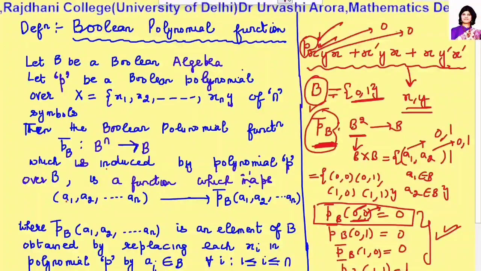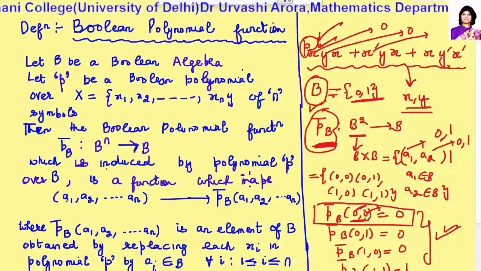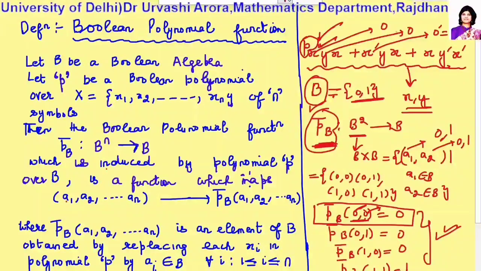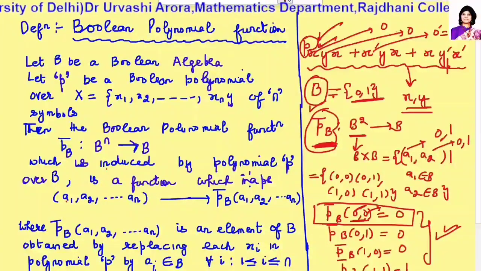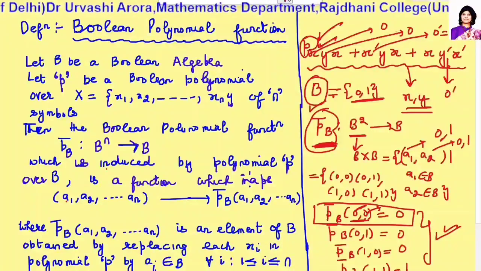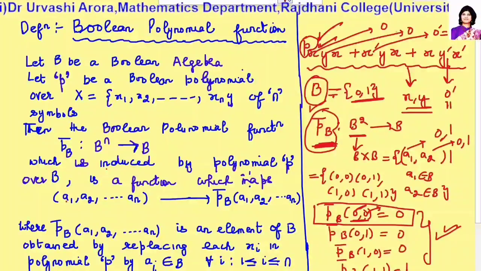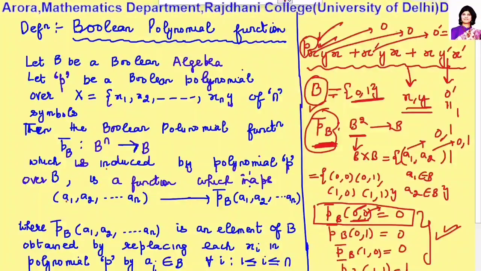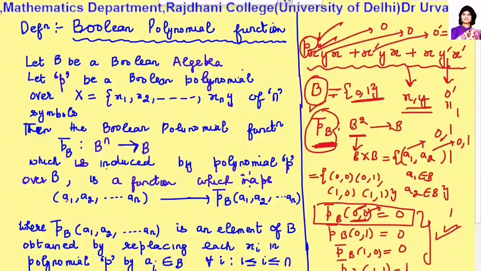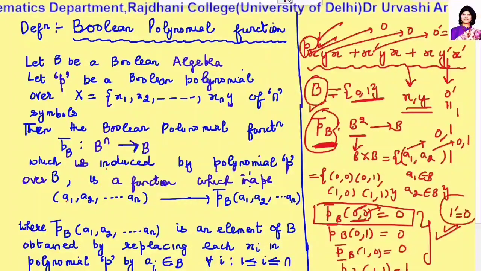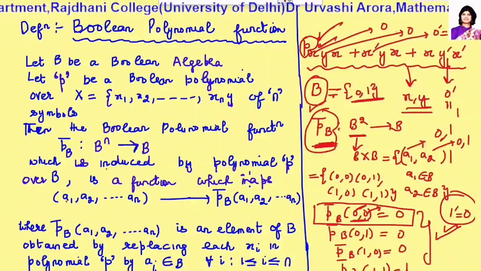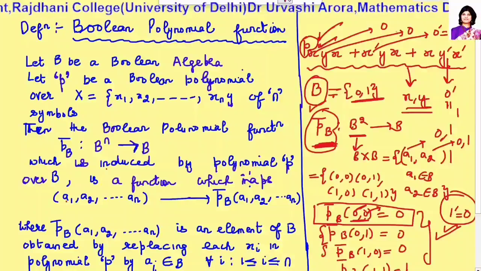Accordingly x dash would become 0 dash, which is the complement of 0, and would be replaced by 1, and y dash, which would be 0 dash, would take value 1, because again 0 dash is 1 in the Boolean algebra B, and wherever 1 dash came, that was replaced by 0 in finding out these values. Using the rules of Boolean algebra, these values were calculated.